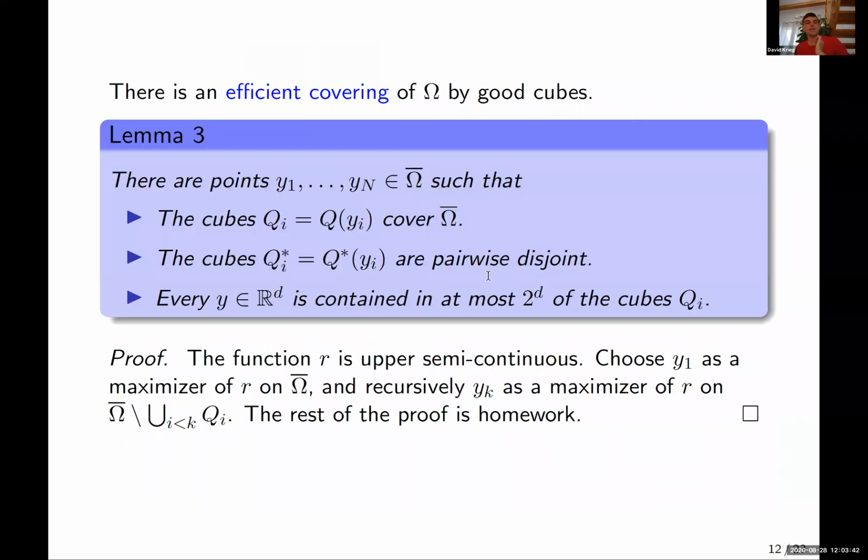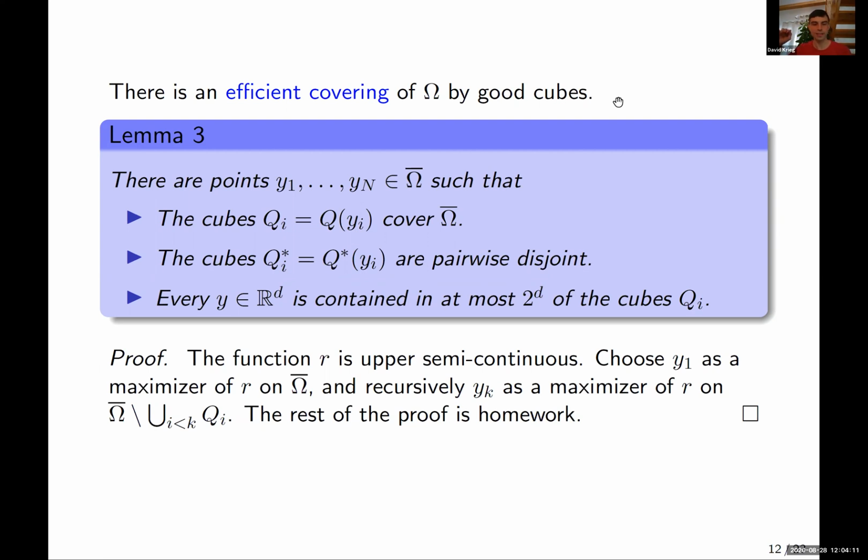Okay. And what are we doing now? Now for every point in the domain, we have a small cube around it where we can apply this lemma on the size of the function. And now the lemma, which is here, states that we can find a collection of such cubes that cover the domain in an efficient way.